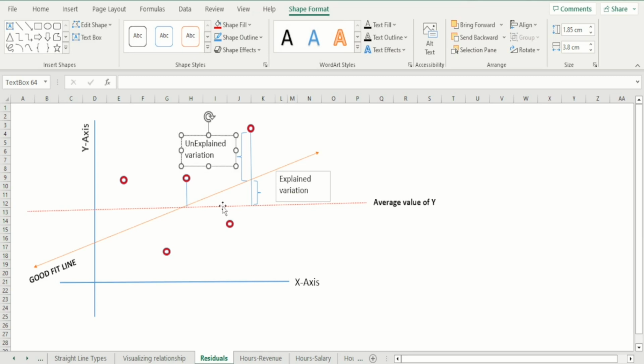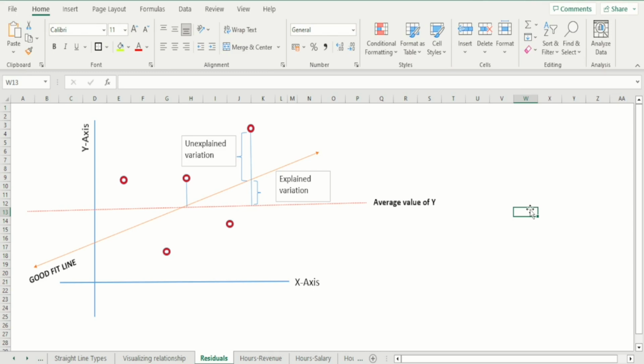So this is that part of the variation which is over and above or beyond the predicted value as given by the good fit line that you have here. And this has a lot of importance when it comes to understanding any estimation or regression equation or regression line.